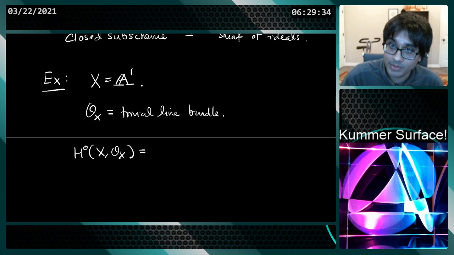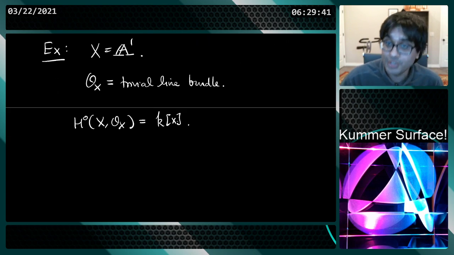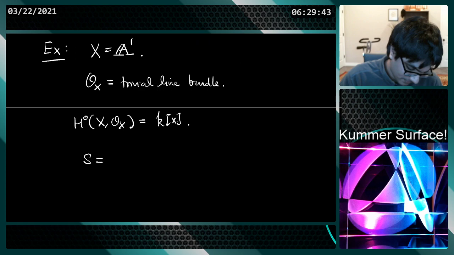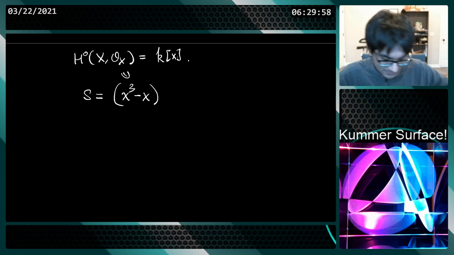This is just the coordinate ring of an affine scheme. I'll choose a section now: x squared minus x cubed minus x. What is the vanishing scheme of this?